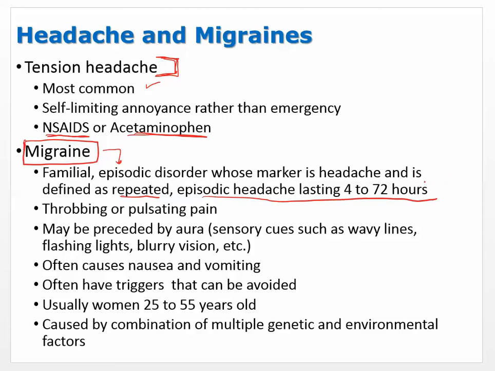I can't imagine having a headache that lasts for 72 hours that has throbbing or pulsating pain, often causes nausea and vomiting, probably not diarrhea. Often have triggers that can be avoided. I can't imagine having a headache so bad that it causes nausea and vomiting and lasts up to 72 hours. But that's what a migraine is.